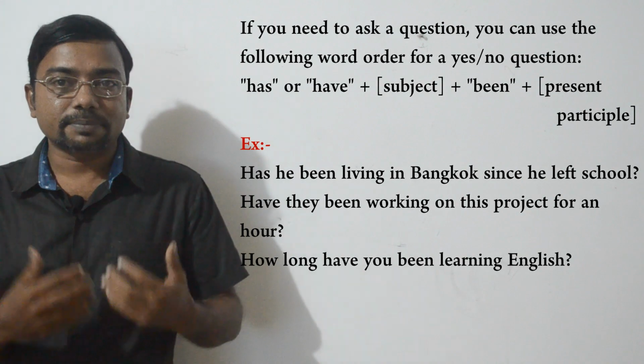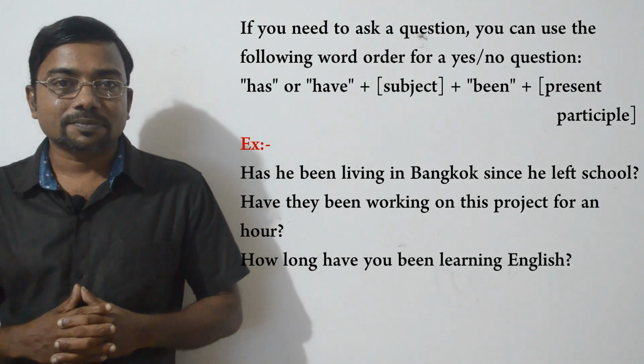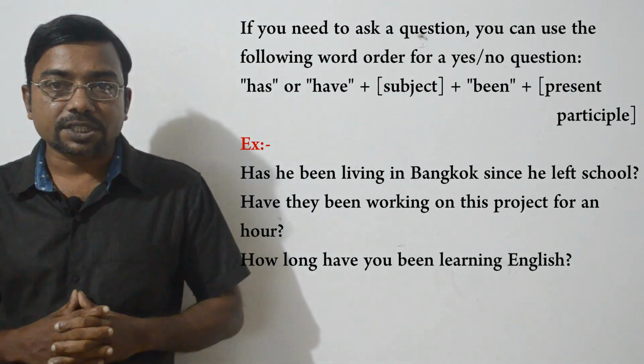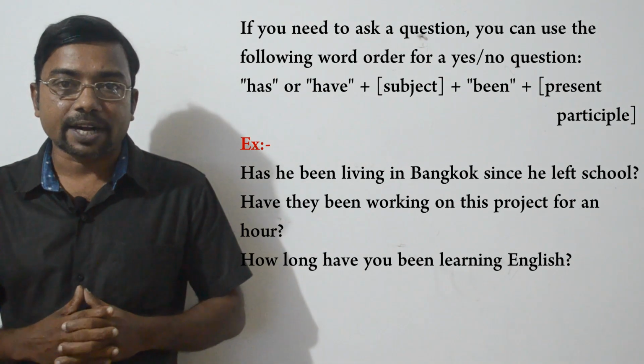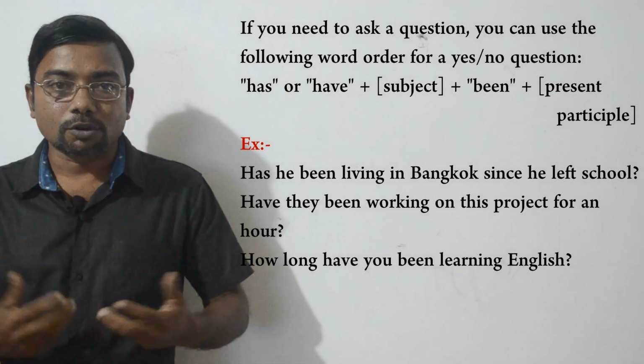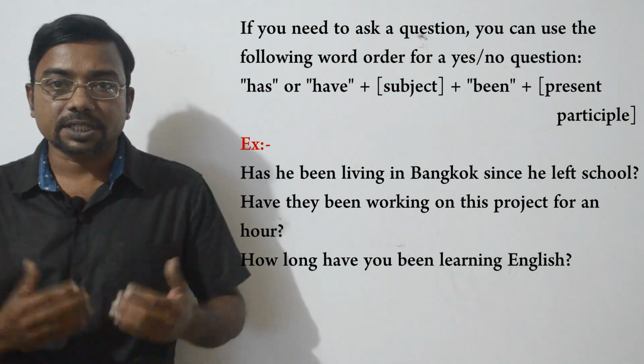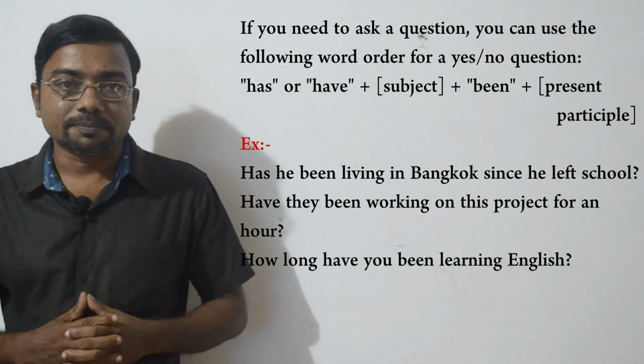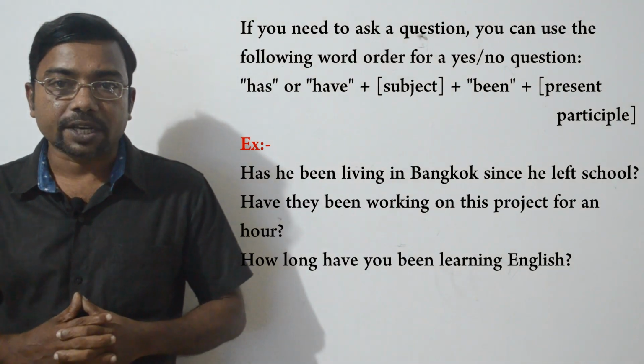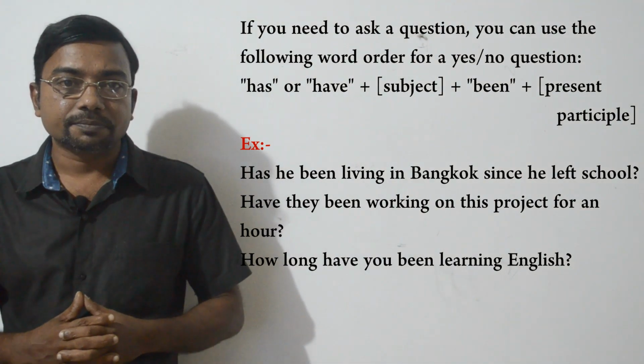Okay everyone, now let's consider how to make questions with the present perfect continuous tense. When we make questions, we exchange the subject and the auxiliary verb have or has. Look at this example. Has he been living in Bangkok since he left school? Have they been working on this project for an hour?